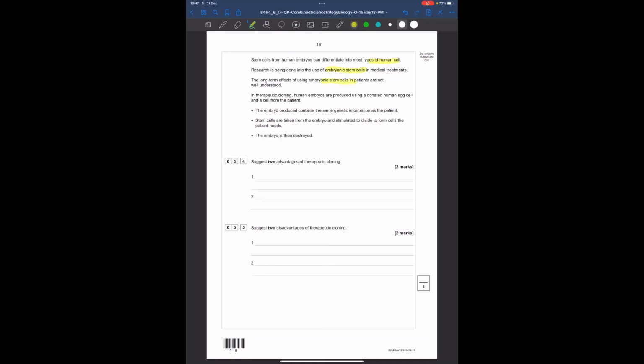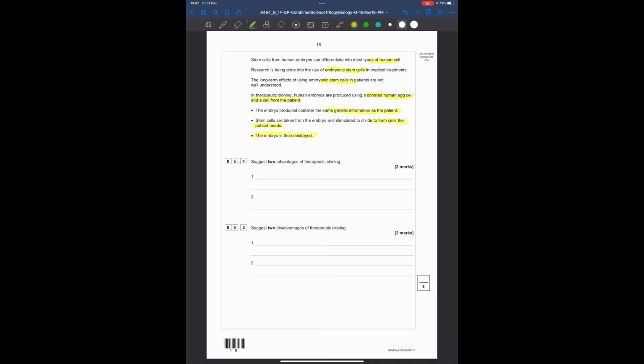In therapeutic cloning, human embryos are produced using a donated human egg cell and a cell from the patient. The embryo produced contains the same genetic material as the patient. Stem cells are taken from the embryo and stimulated to divide to form cells that the patient needs. The embryo is then destroyed.